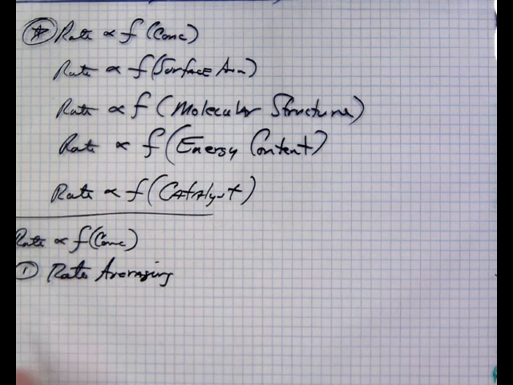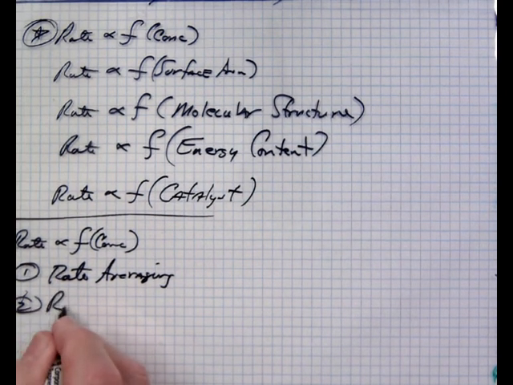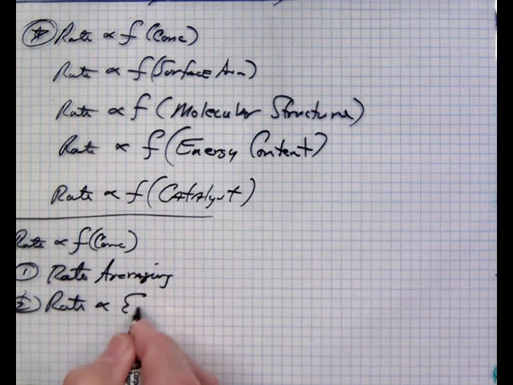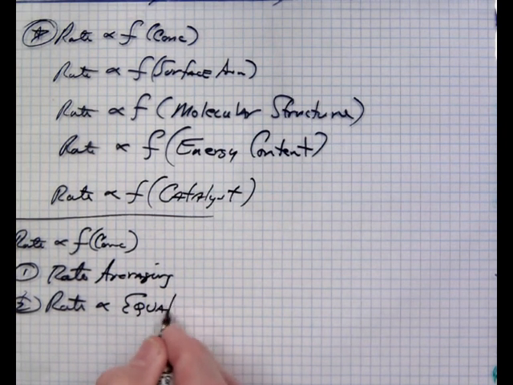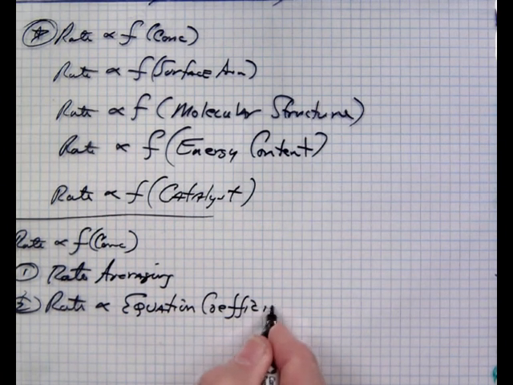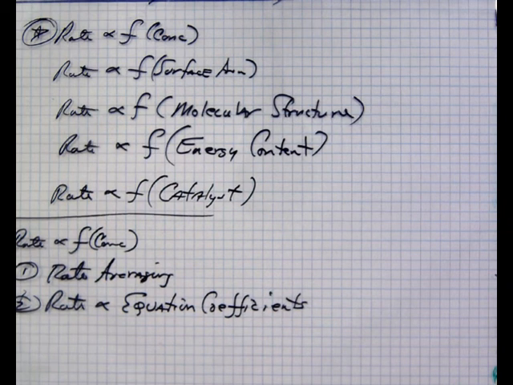Rate proportional to equation coefficients. The bigger the number, the faster that component of the reaction is changing. The smaller, the slower it's changing. We'll get there.